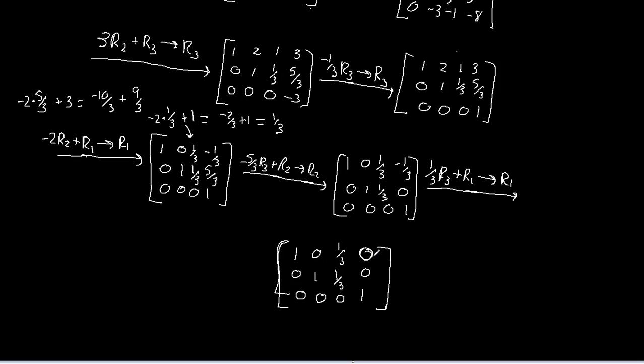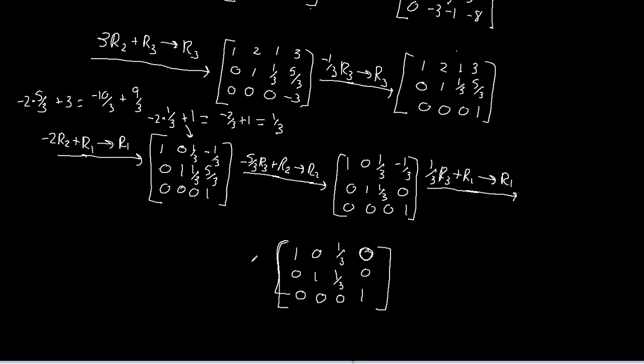Okay, so let's take a look. Is the first non-zero element in each row a 1? Check. 0, 1, check. 0, 0, 0, 0, 1, check. Do we have any rows of all zeros, and are they at the bottom? We don't have any rows of all zeros, so we're good there. Is each leading one to the right of the leading one before it? So this is a leading one, go down to the right, good. Go down to the right, good.